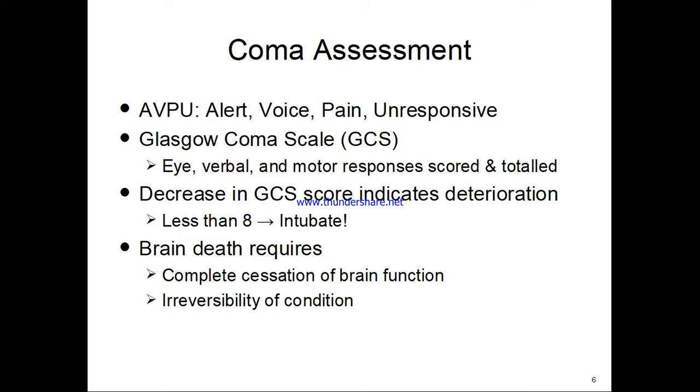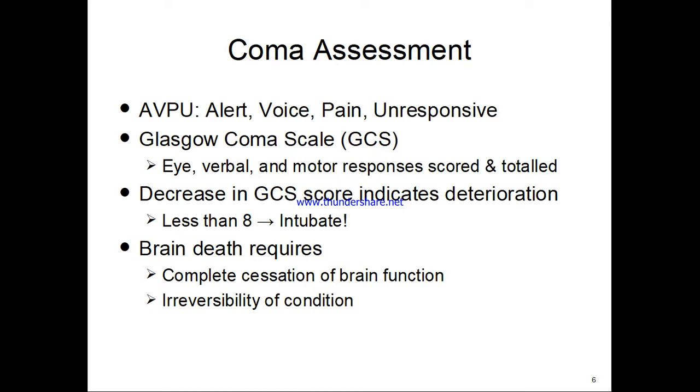There are a couple different ways to do coma assessment. Preliminarily, in cases of emergencies, we use the mnemonic AVPU: alert, voice, pain, unresponsive. And that really is the first category in the Glasgow Coma Score. The Glasgow Coma Score is a score of eye activity, verbal activity, and motor responses.